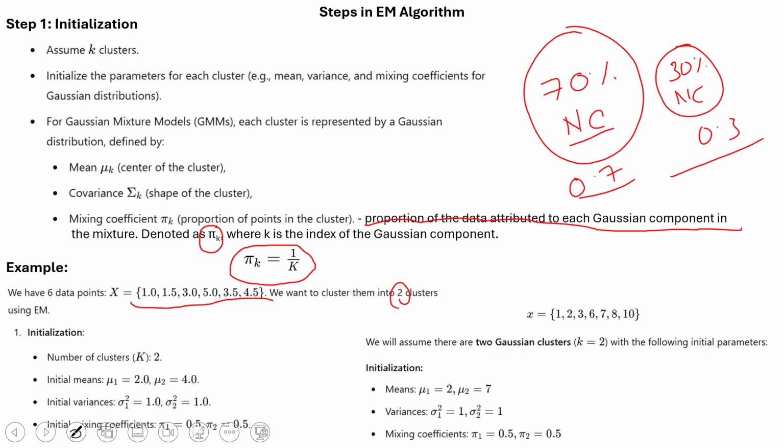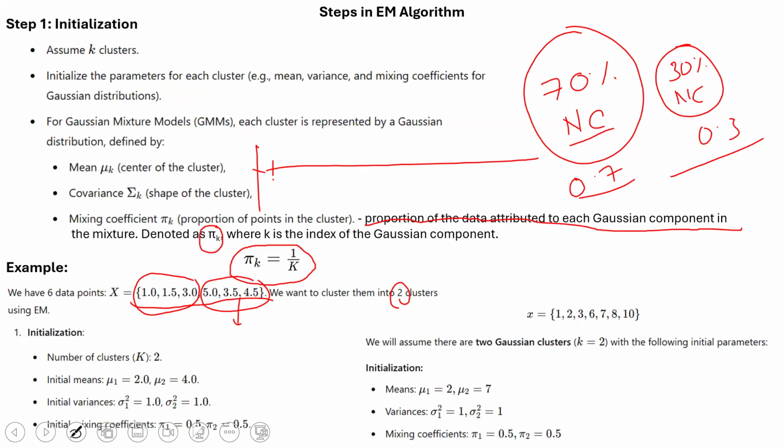That means if you carefully plot these points on a graph, you will see these two are close to each other and these two are close to each other. If you plot this, it looks like this.